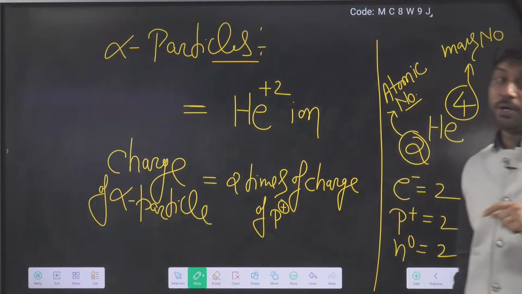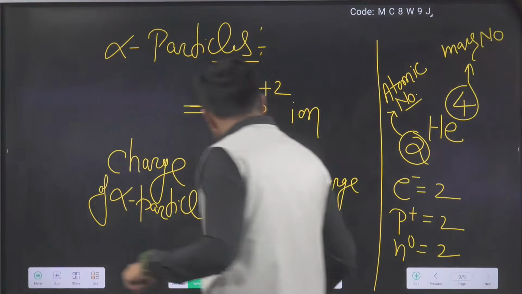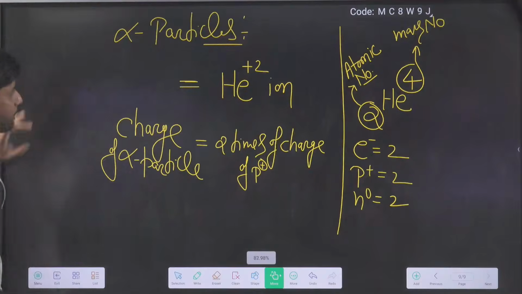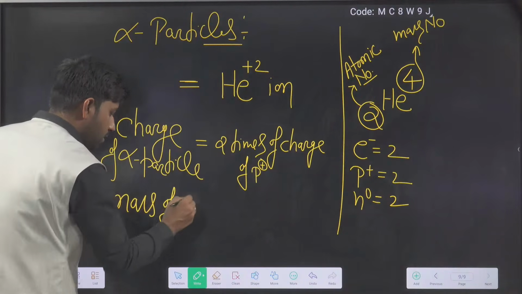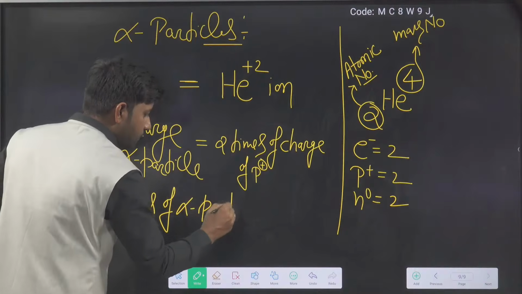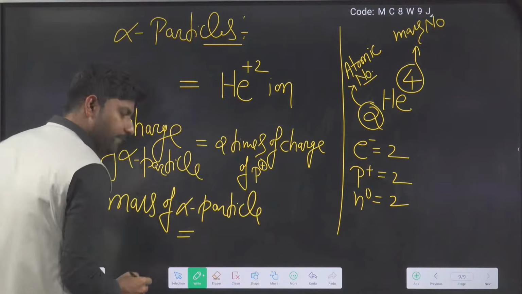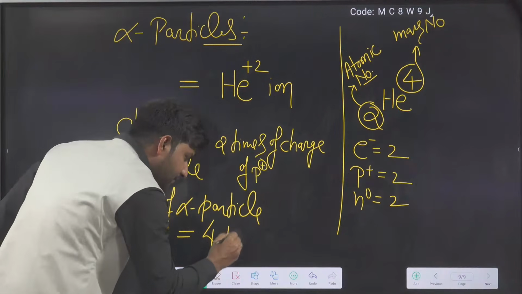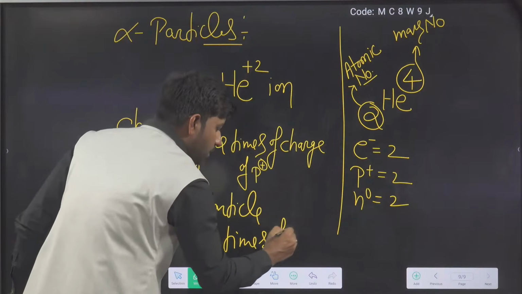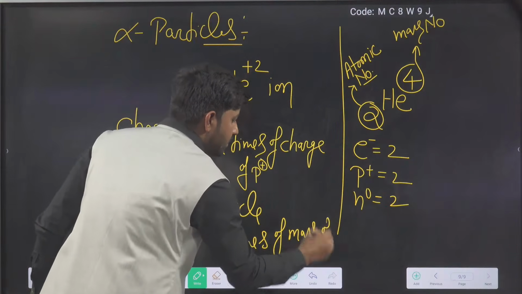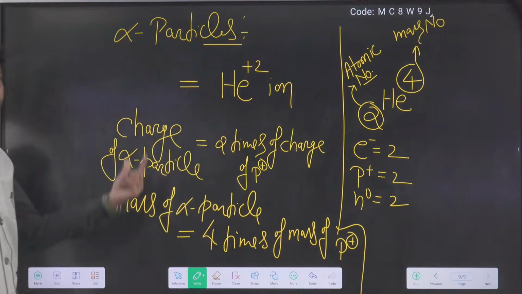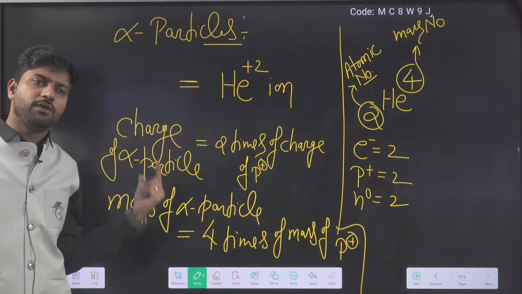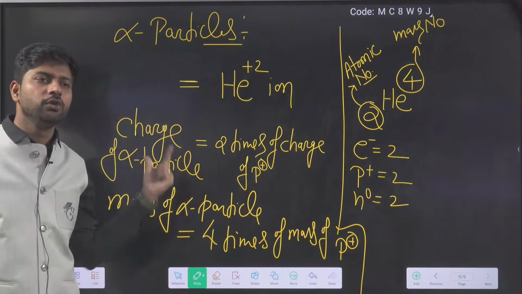Just double. But what about the mass? Mass of alpha particle, then what will you say? 4 times the mass of proton. 4 times. These 2 points are also very, very important when you solve numericals.